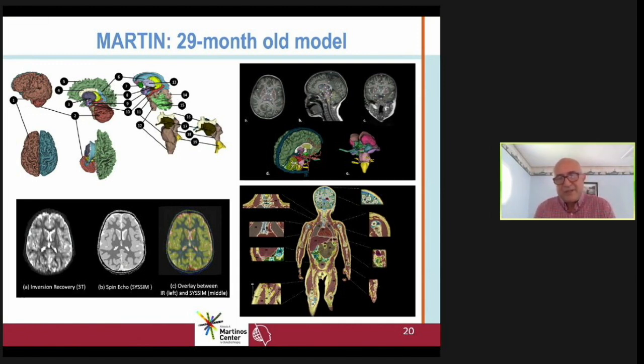This time, instead of just working on a head model, we have developed the entire body model, because the child is so small that the entire body is influenced by the B1 field, or the RF generated by the scanner.